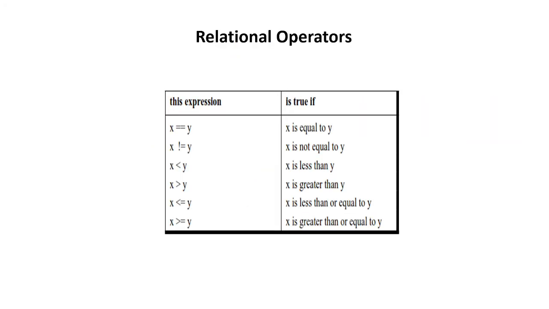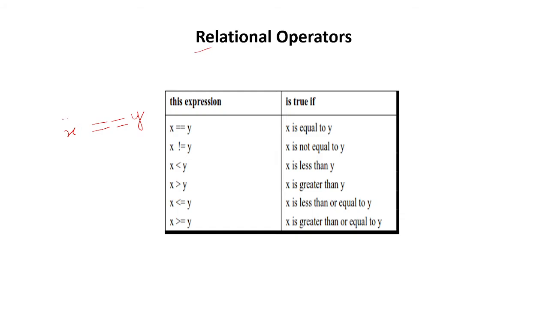Next are the relational operators. The first relational operator is the equal sign, which checks whether the left hand side variable is equal to the right side variable or not.